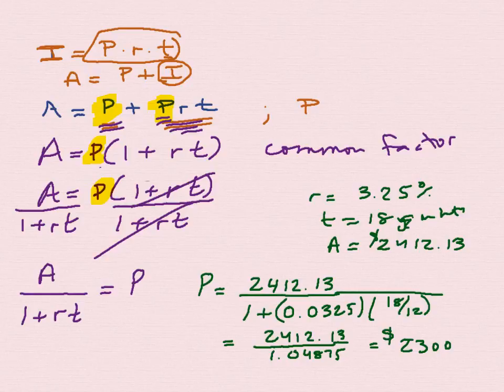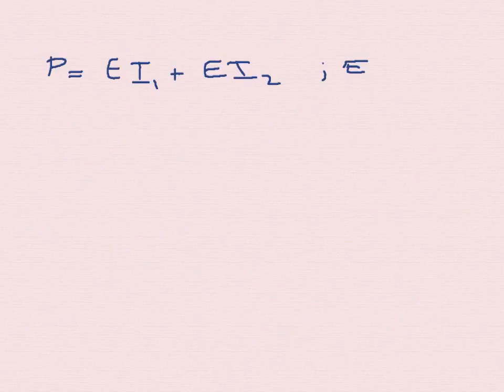So 2 more questions to go. The next one, pretty straightforward, but it's not so much straightforward when you see, oh, there's an E in 2 terms. P equals E times I1 plus E times I2. So I1 and I2 are different terms, and I want to solve for E. E appears twice.